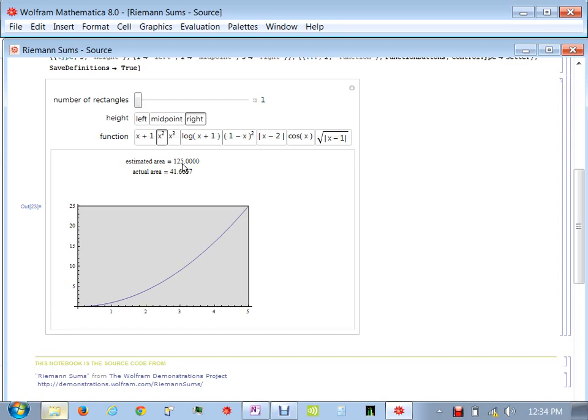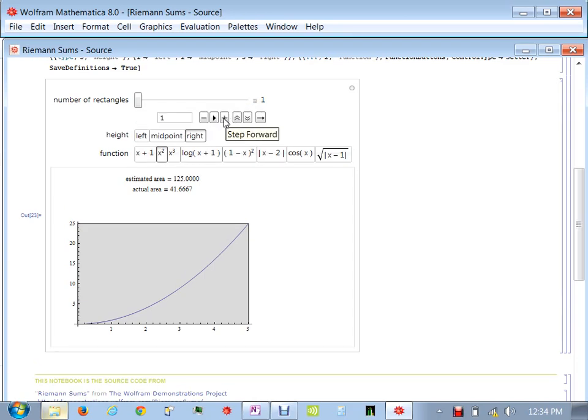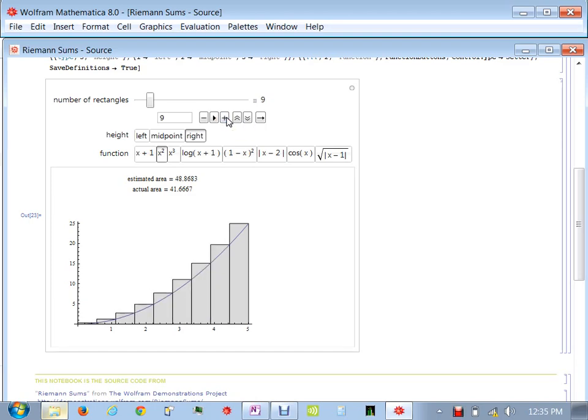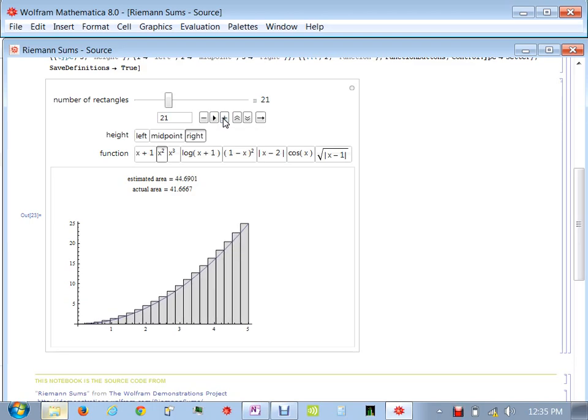So one rectangle sucks, doesn't it? I mean, that's just a terrible, terrible approximation. So now what I'll do is I'll go to 2 rectangles. Now look at the area. 78, that's better, right? 3, 4, 5, 6, 7, 8, 9, 10. And look at us. We're marching closer and closer towards the true area.